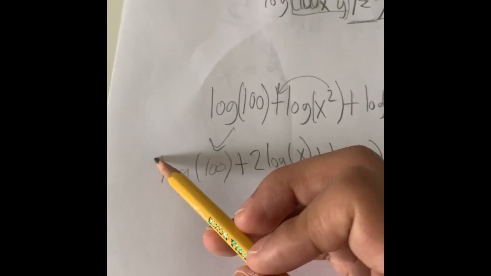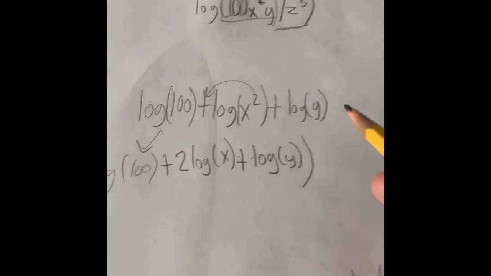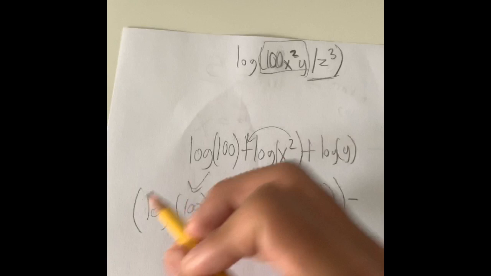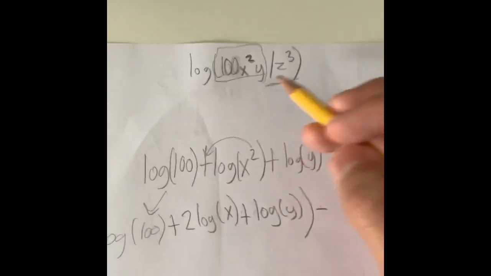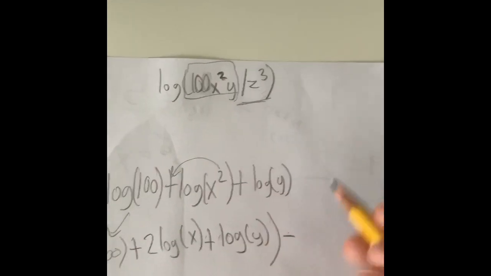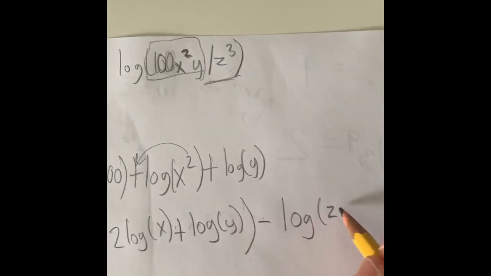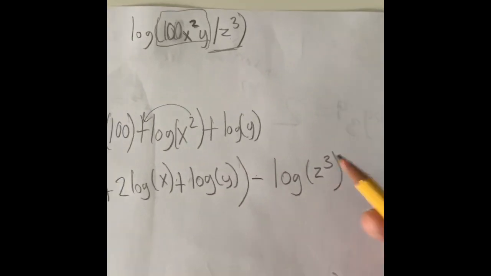So let's put all of this in logs, and then we're subtracting it, because we want to make sure these are all added together. And then it's divided, or subtracted, by log z to the third. However, we're not done. You see, we got that exponent.